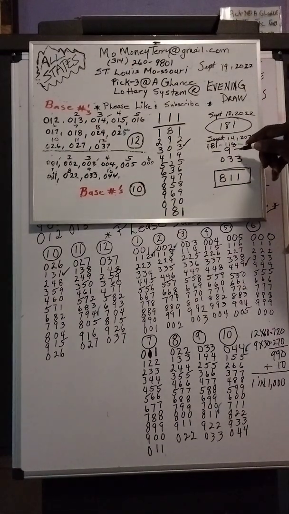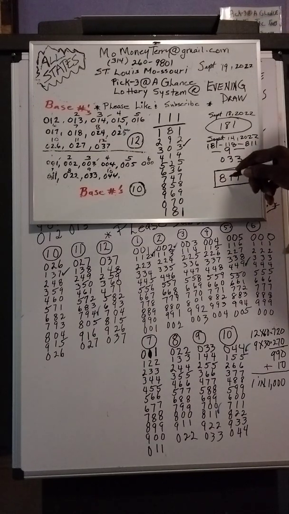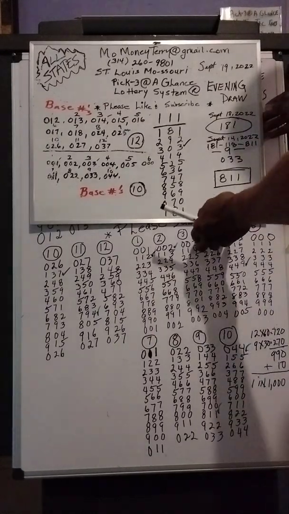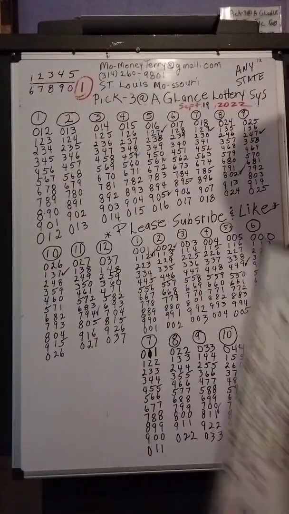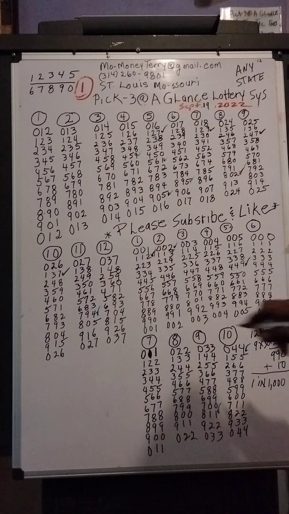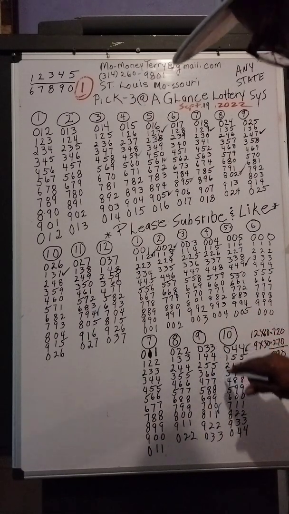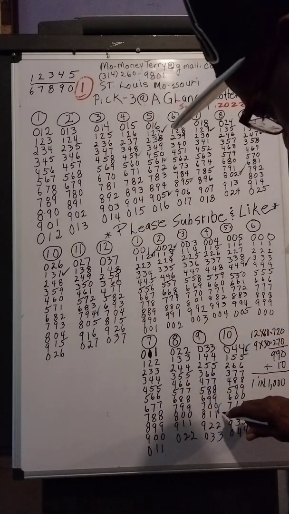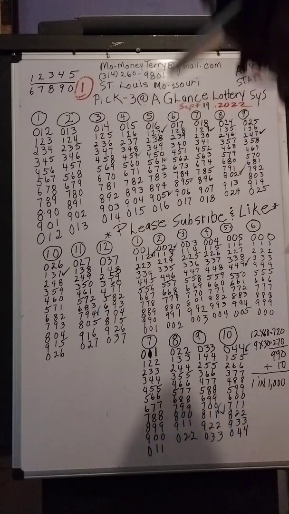Okay, so you're going to 9, but it's going to be 033, and the 118 is going to show as 811. So we go to column 9. Column 9, here's the 033, and you go down, and bam, you check off the 811.